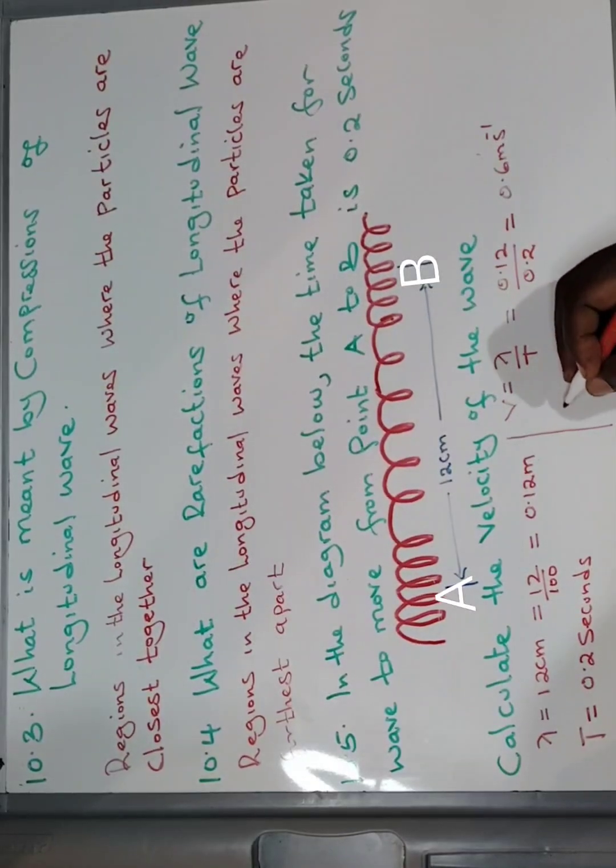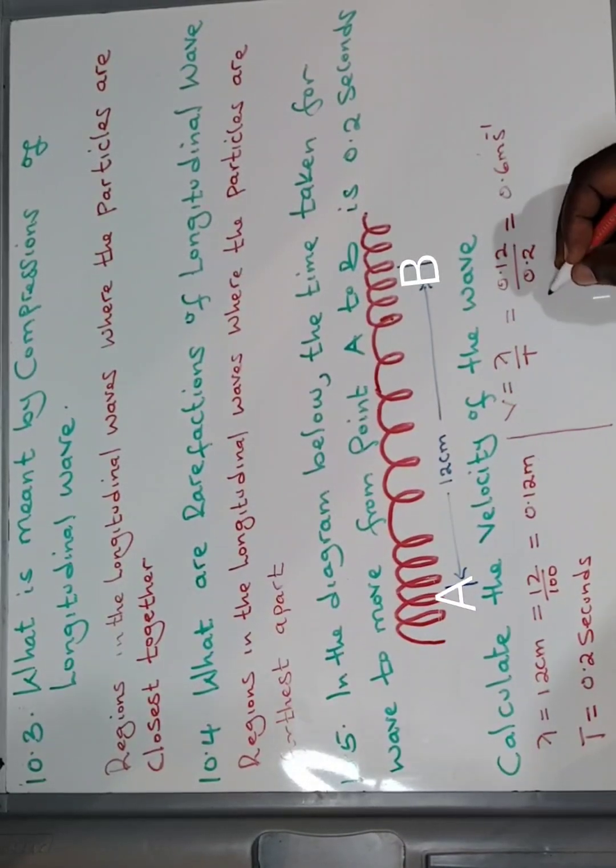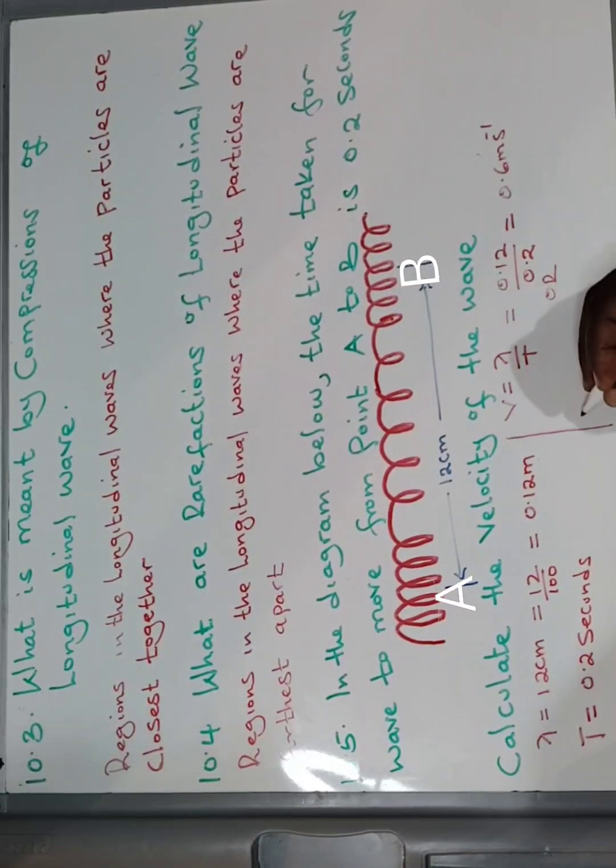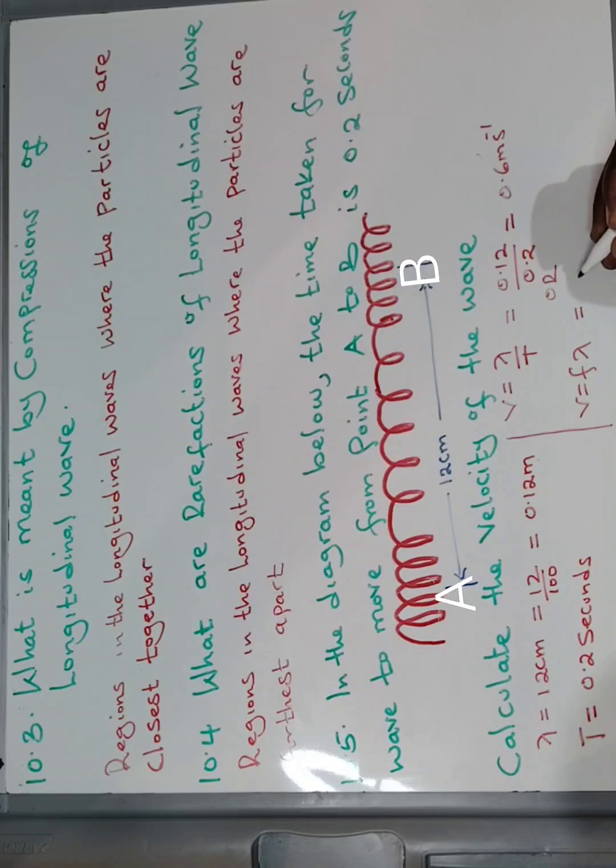Or you can say v is equal to f lambda. So what is f? It requires you to know that f is the reciprocal of T. So what are you going to have here?